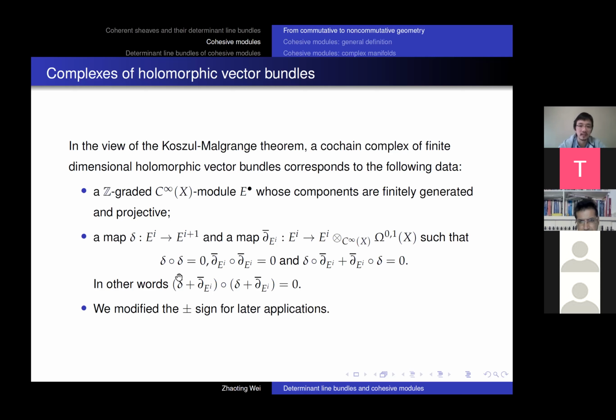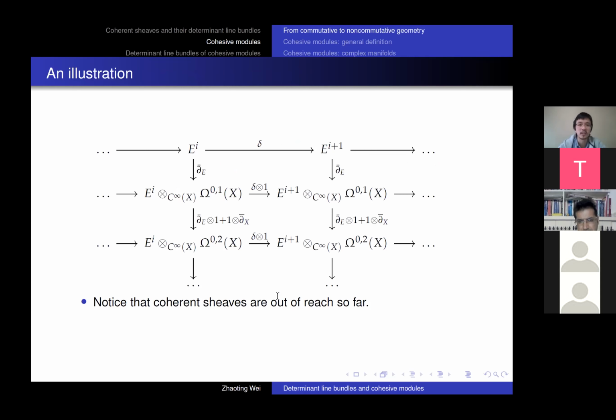And moreover, the composition equals 0: delta plus D-bar composed with delta plus D-bar equals 0. So let me explain in the following picture. A complex of holomorphic vector bundles corresponds to a so-called double complex of C infinity X modules.